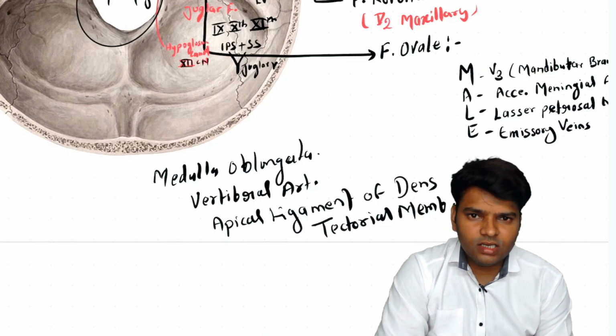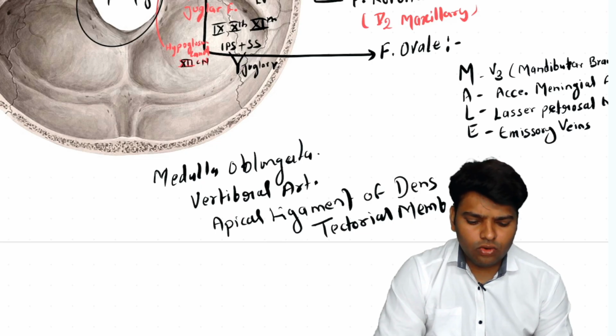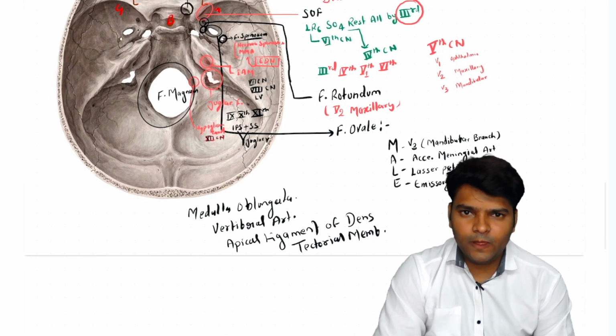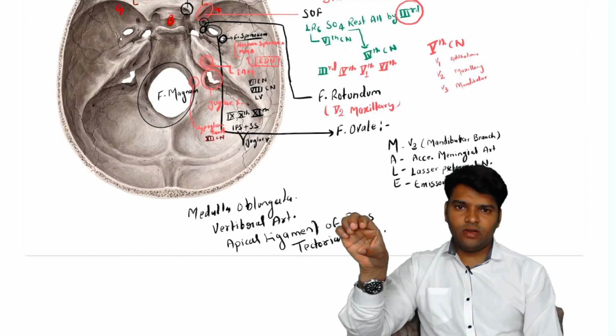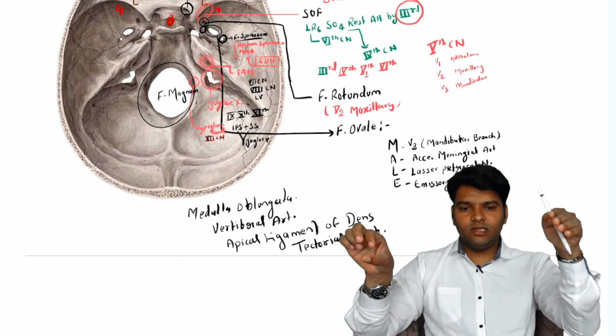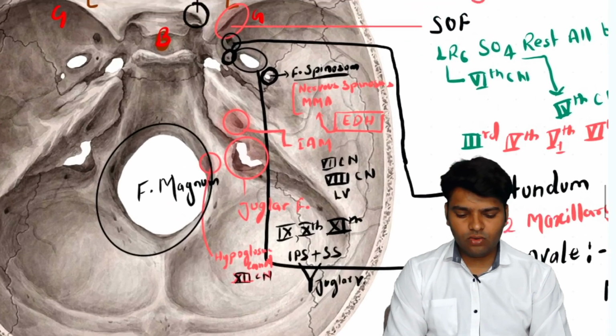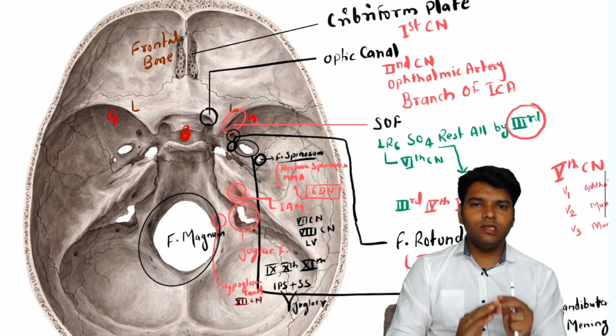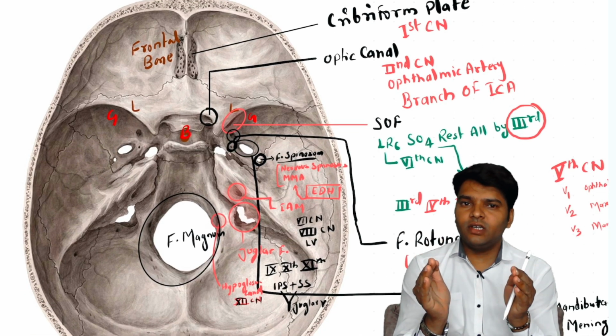Don't forget these. Don't try to mug up only in a table, with the foramen on one side and the structures passing through on the next side. Just try to learn with the help of images, because you should be able to identify the structures.